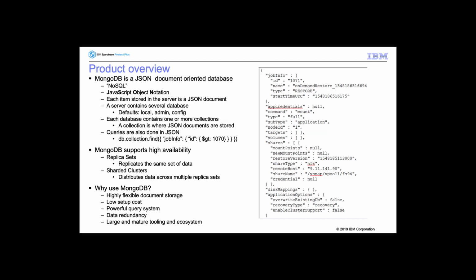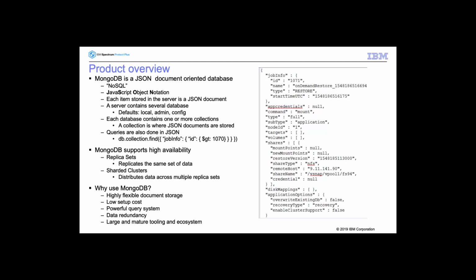MongoDB is a JSON document-oriented database. It's one of the newer databases, at least as far as I'm concerned, on the market. And it's one of the so-called NoSQL databases. The reason for that is each item is going to be stored in the server as a JSON document. Now, the server is going to contain several databases, just like some of the other databases.